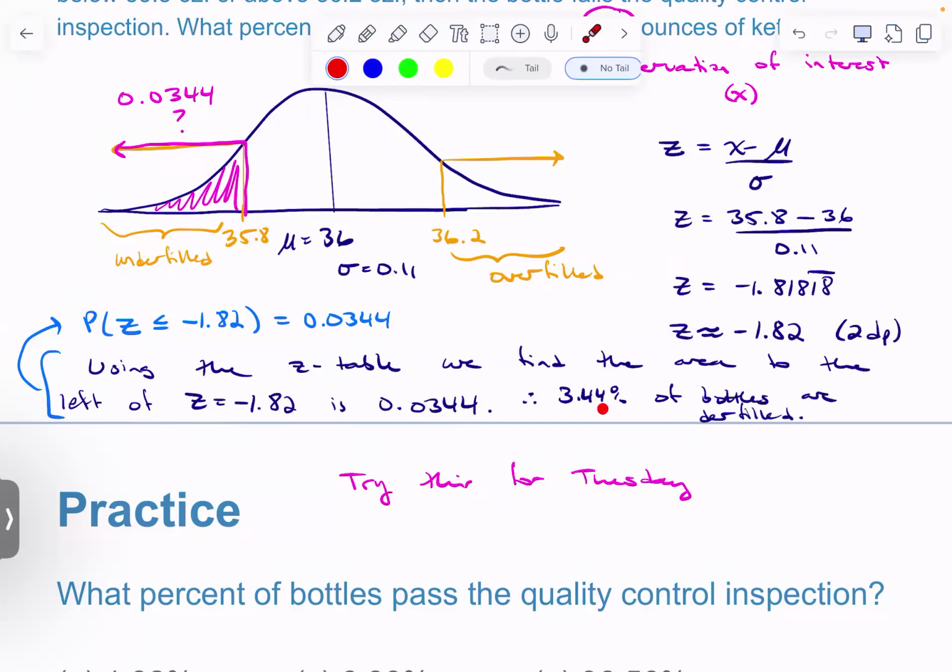Therefore, 3.44% of bottles are, this should say underfilled. That's wordy, but it's not hard. It's just tedious to write it out. But to do it properly, you should write it out.